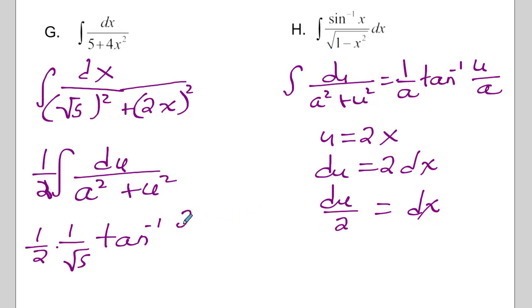Our u is 2x over a, square root 5. All right, so we end up with 1 over 2 root 5 times tangent inverse of 2x over root 5 plus c.